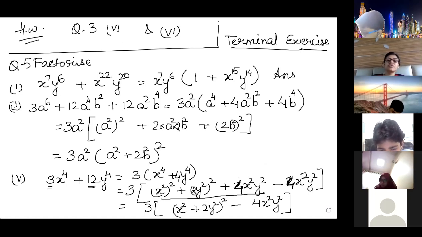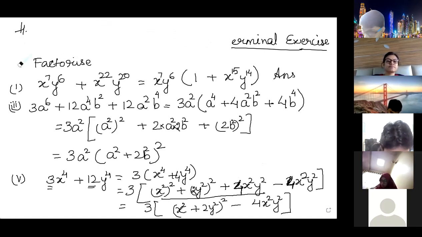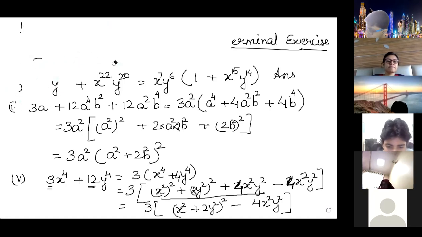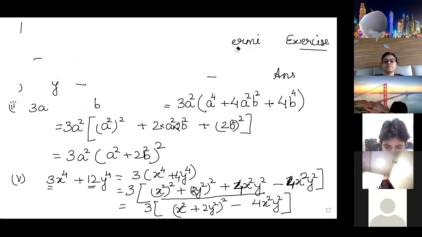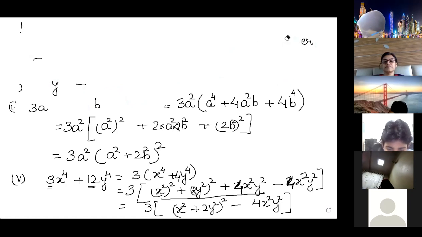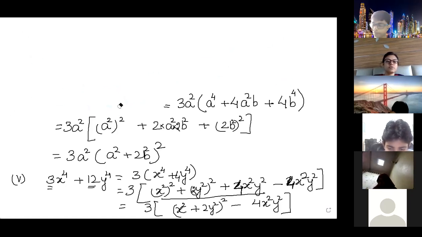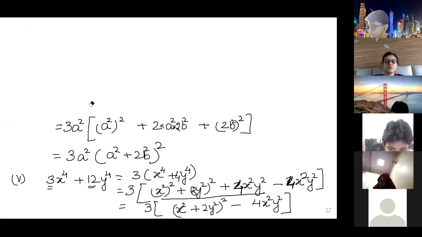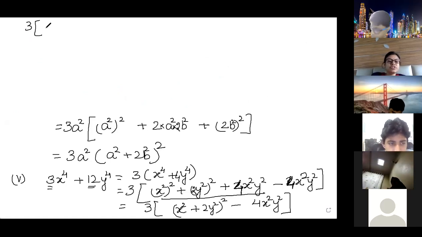I'll be doing it over here on the top. So finally I got 3. Is this step clear to you or not?